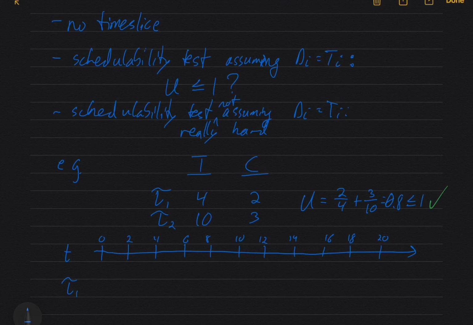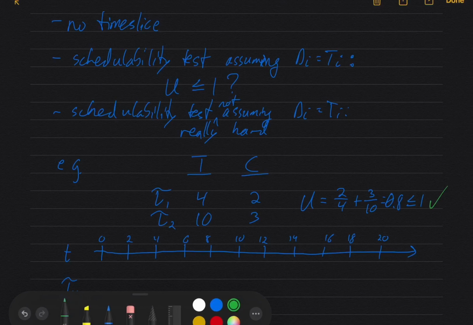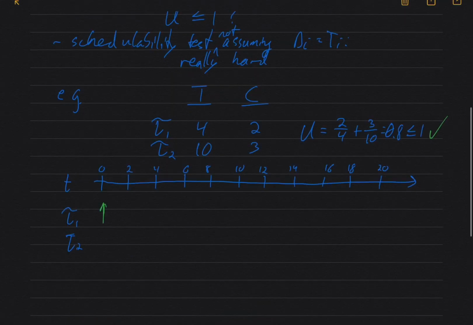Okay, so task 1 and task 2 will be released at time 0, and then task 1 is going to be released every 4 time units, so 4, 8, 12, 16, 20.